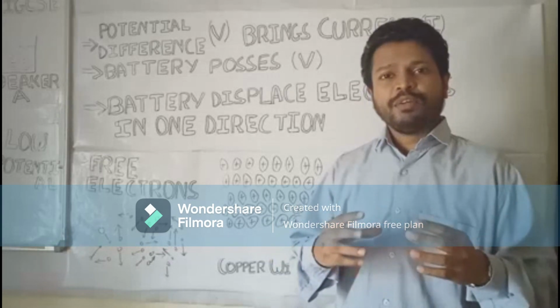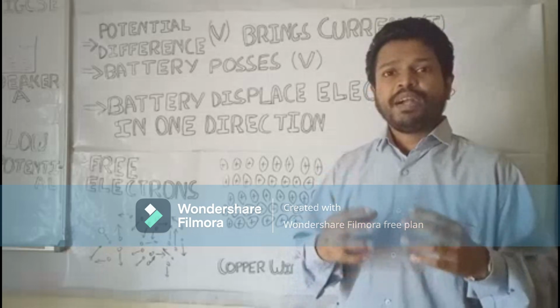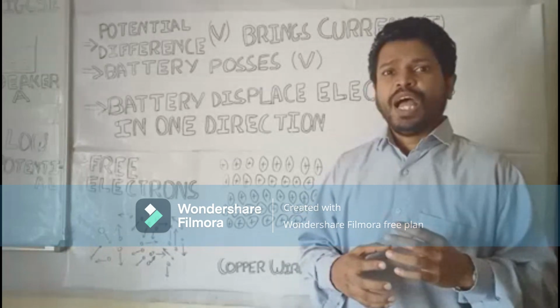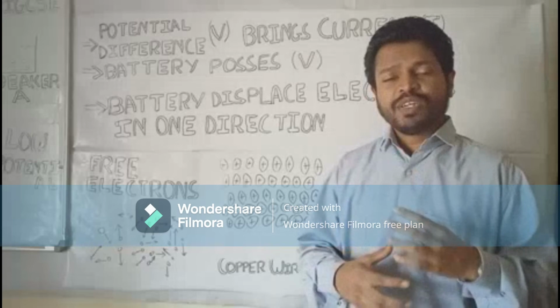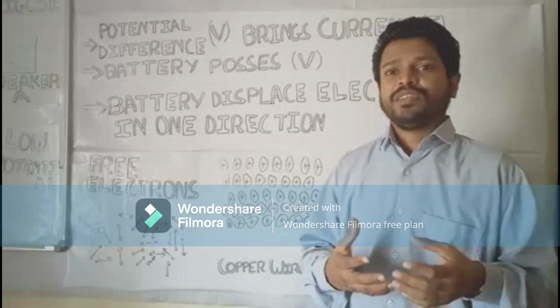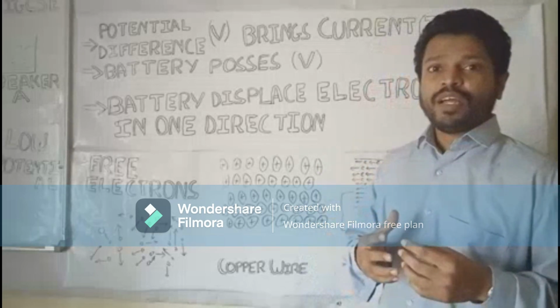So 3 volts and more than 3 volts is called as battery. So battery always possesses within itself a potential difference, and this battery itself is a driving factor which creates the potential difference inside the electrical circuit. The battery displaces the electron in one particular direction.